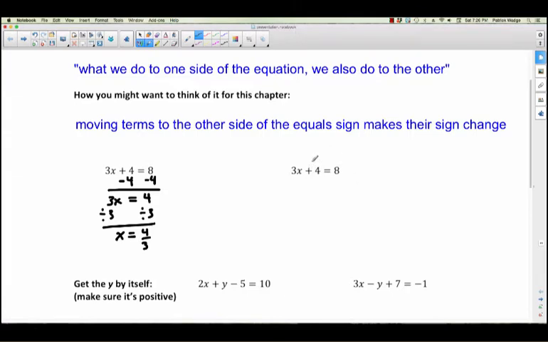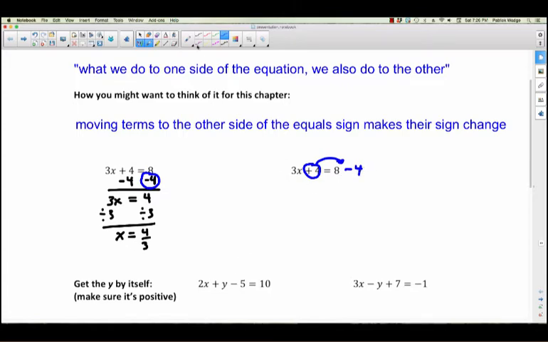So for example, we have this plus 4 here, in the same question we just did, but I'm going to do it again. I could take this plus 4 and move it over to the other side. But when it moves over, it won't be plus 4 anymore, it will be minus 4. Now that might strike you as weird, but look what we did right here. We minus 4 on that side. So, some of you probably already think of it this way, but what I'm saying is it's probably going to be more useful for everyone to think of it this way from now on, and you'll see why in a second.